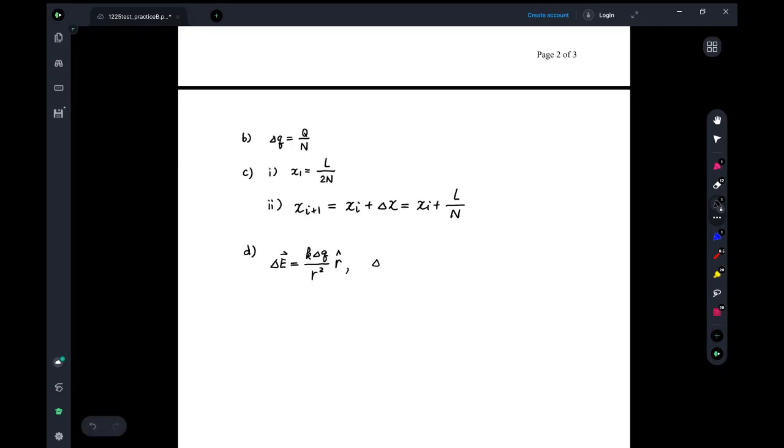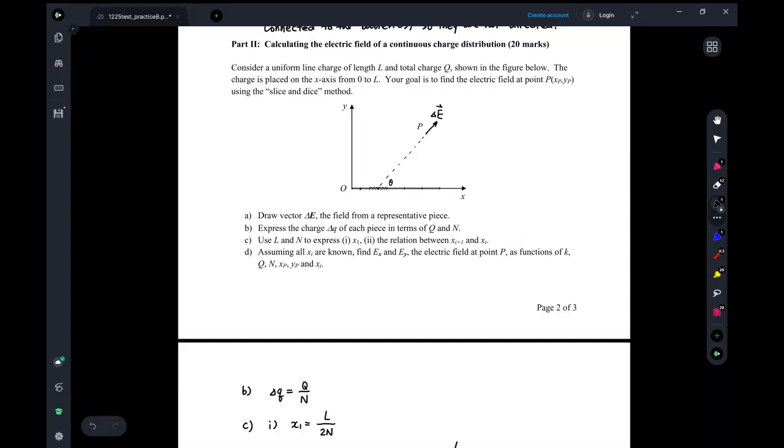So delta E x is K delta Q over R squared cosine theta. Look at cosine theta at this point, xp, yp.